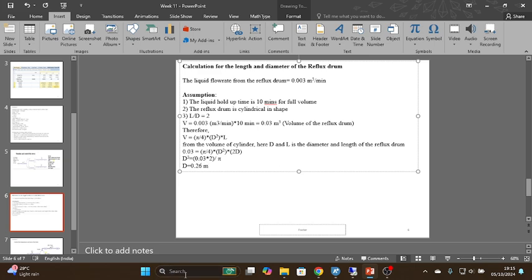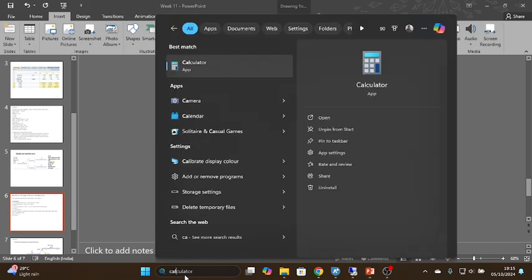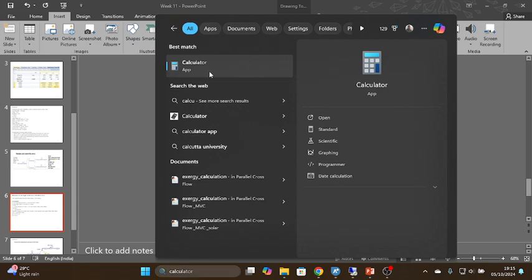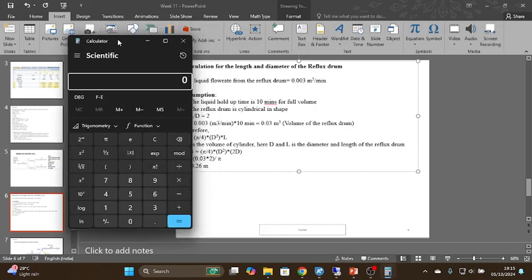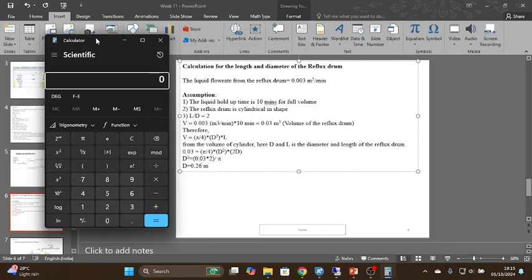Let's check it once. This to the power of cube root, that is 1 by 3.